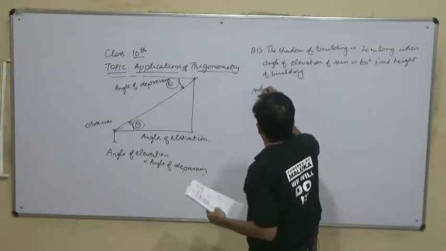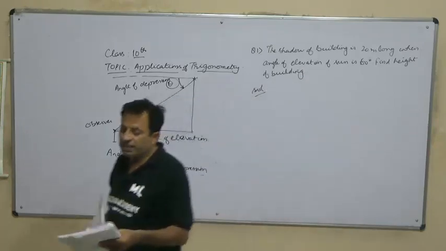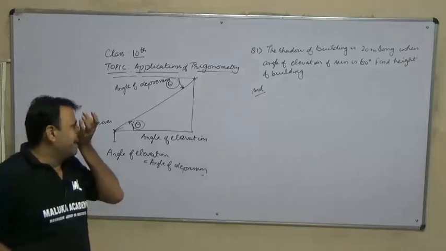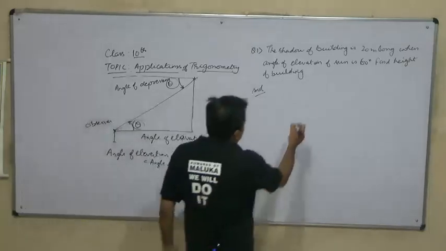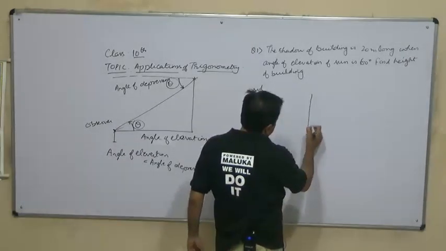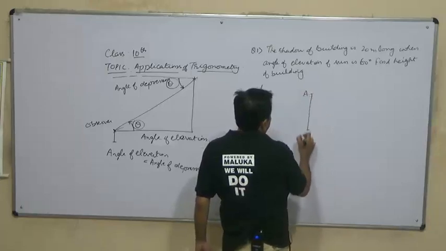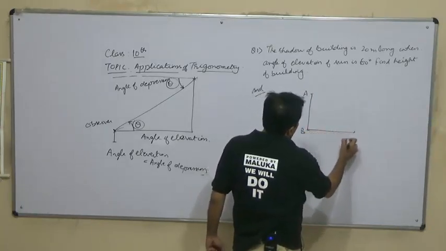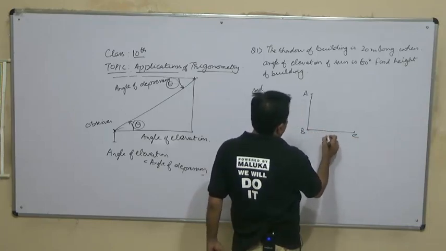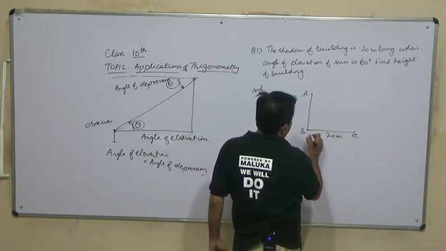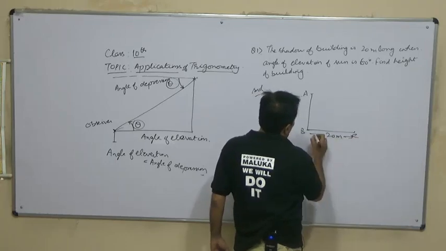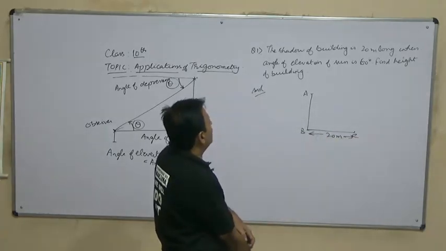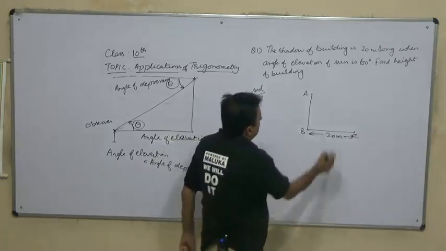So solution for this. What we are given in this question, let's see. The shadow of the building. Let us consider AB is the building and BC is its shadow. The shadow is given as 20 meter long, when the elevation of the sun is 60 degree.